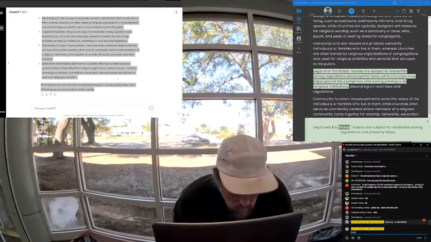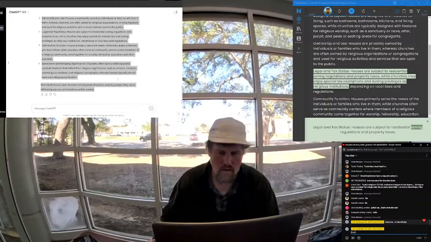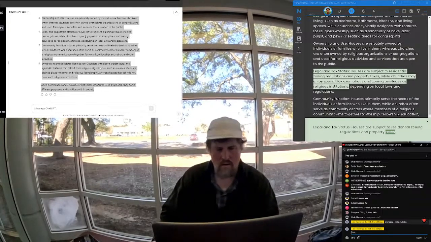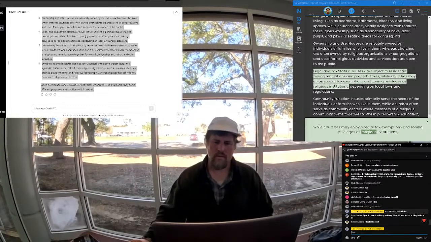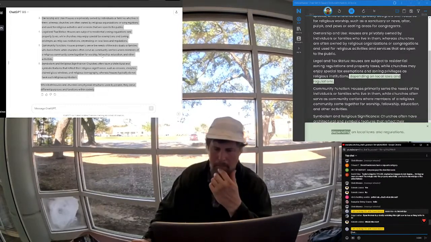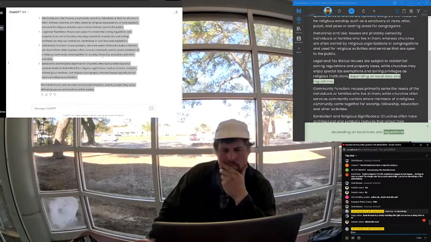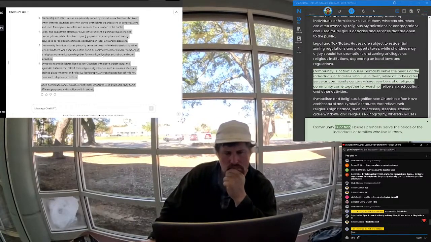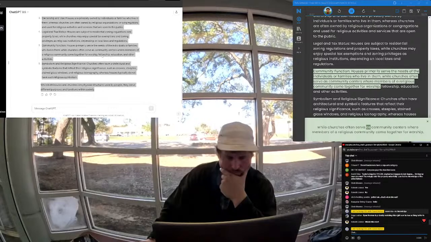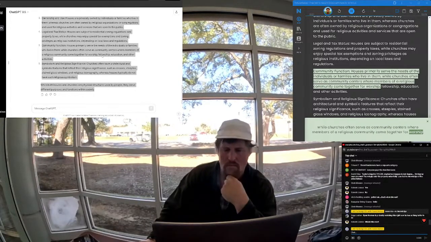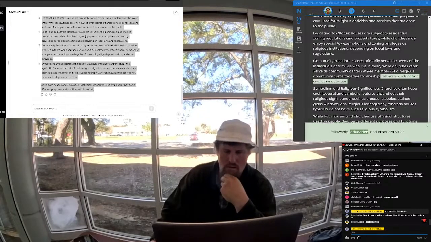Legal and tax status: houses are subject to residential zoning regulations and property taxes, while churches may enjoy special tax exemptions and zoning privileges as religious institutions, depending on local laws and regulations. Community function: houses primarily serve the needs of the individuals or families who live in them, while churches often serve as community centers where members of a religious community come together for worship, fellowship, education, and other activities.